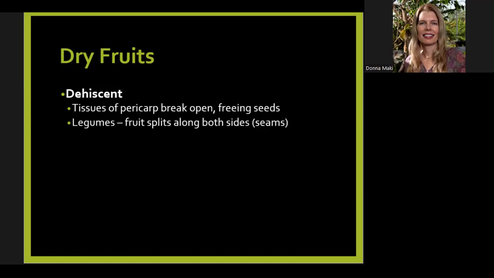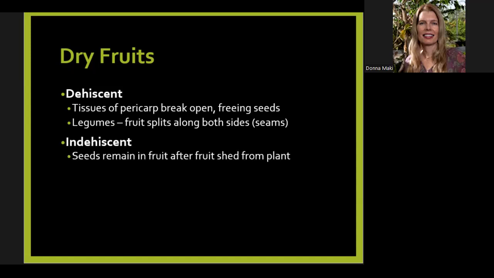So legumes are an excellent example of that. Indehiscent means that the seeds stay in the fruit tissue, the pericarp tissue, and need to get mechanically opened, either by something coming along and eating it or whatever.